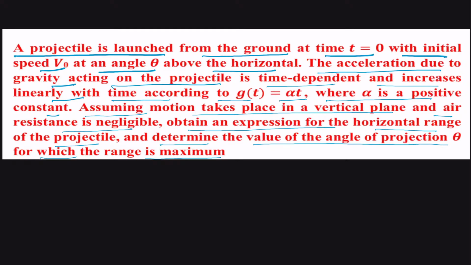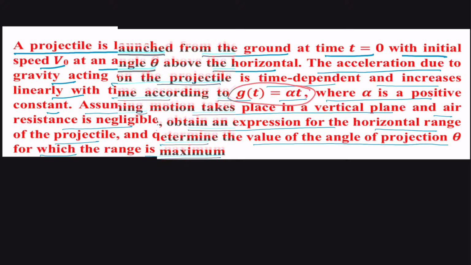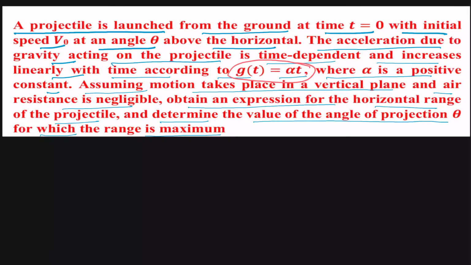So this is, you can say, a question related to the projectile, but the only difference is that the acceleration due to gravity is a time dependent function. This is a major difference between the normal projectile question and this one. Rest of the things are the same.